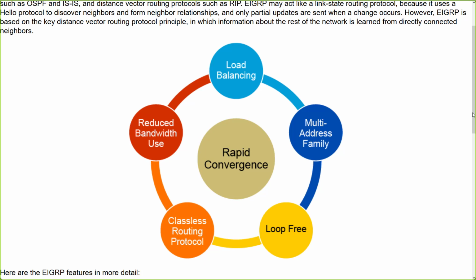Some similarities, but a lot of differences. Start with load balancing, right? Most IGP protocols, which would be IS-IS, OSPF, EIGRP, even RIP, have the ability to load balance if the paths that are included are equal, right?